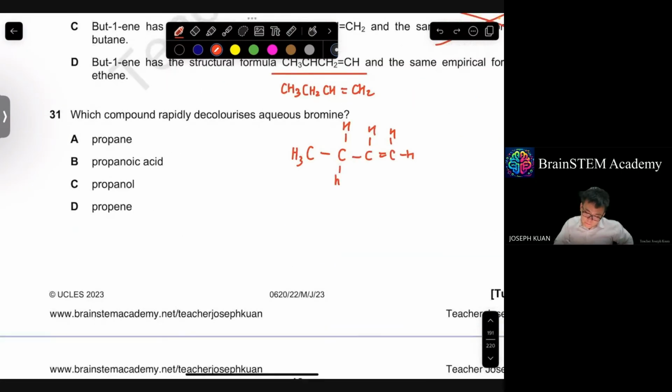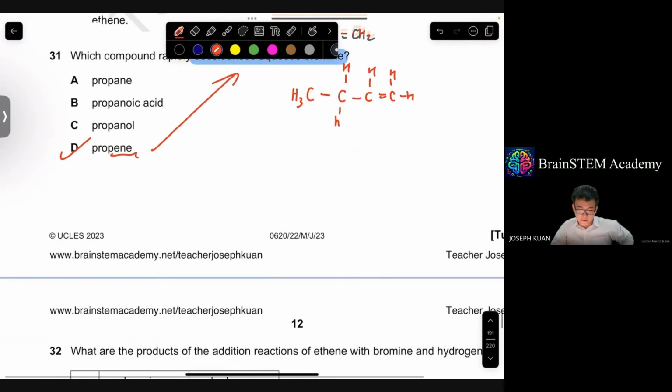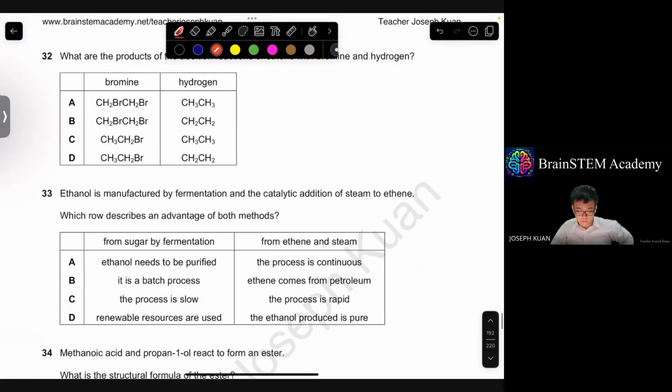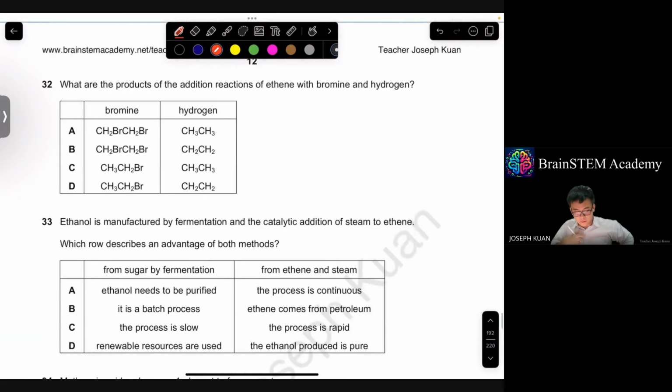Okay, next. Which compound rapidly decolorizes aqueous bromine? That is our alkenes. Alkenes test positive for the bromine test, right? It's unsaturated. It will quickly react with bromine and form a dibromoalkane. Next, what are the products of the addition reactions of alkene with bromine and hydrogen? Addition reaction just means you just add.